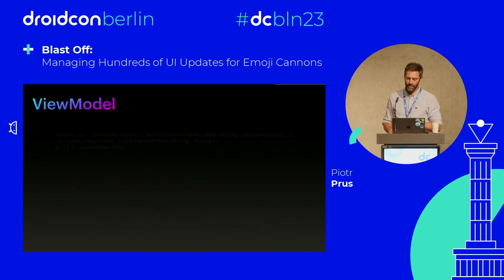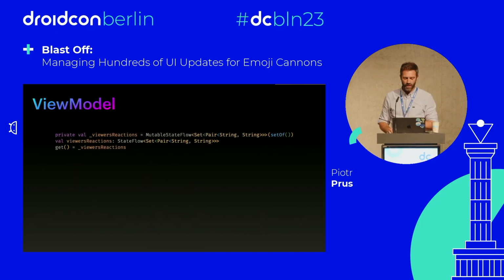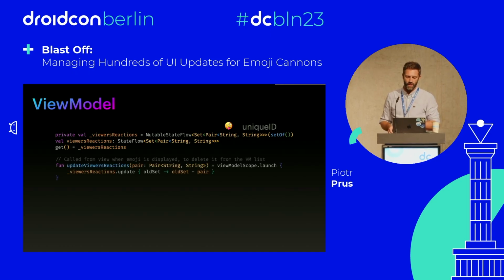So in the view model, we'll have just a StateFlow with our set, so everything will stay unique. The backend gives us just the two values that we really care about: the emoji Unicode and the unique UID. Whenever we need to update the list, we call this from the composable and update the list in the view model, so we are removing it from the state.